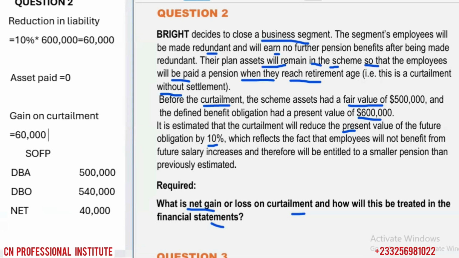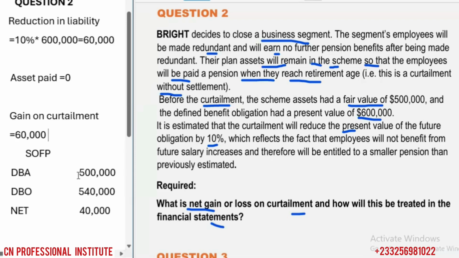You credit your service cost with the 60,000, and you debit the obligation to reduce it. The liability has a credit balance. It was 600,000. When we debit it with the 60,000, it will now move to 540. So with the 60,000, you debit your defined benefit obligation, and you credit P&L. So this is how it will look in our books.